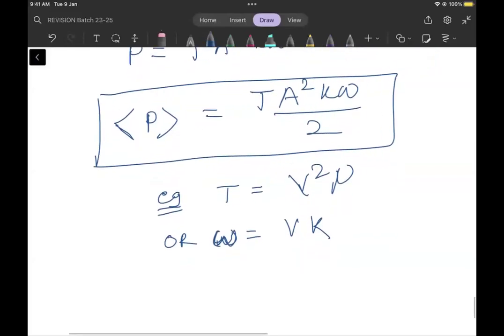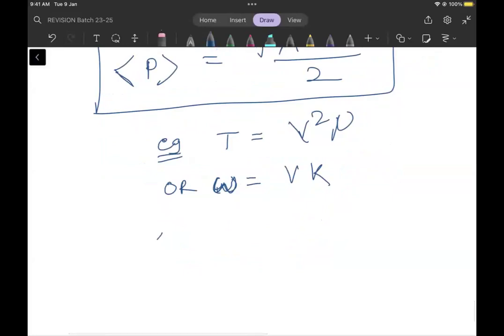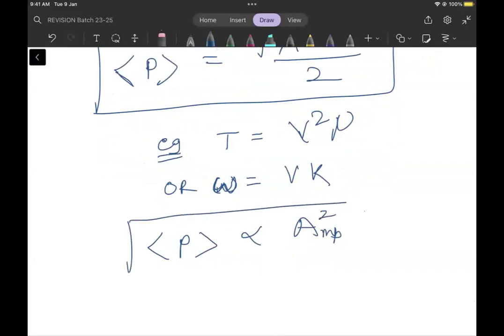Okay. One more thing to remember: since you cannot do anything about a square, power will always be proportional to the square of the amplitude of the wave, and this is a permanent feature of all sinusoidal waves, that power is proportional to the square of the amplitude.